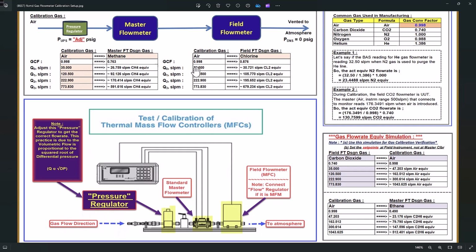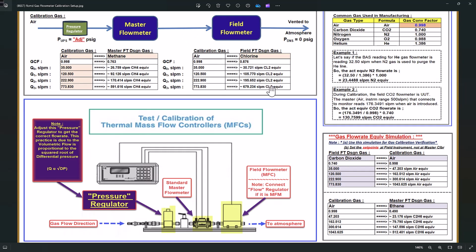And this air, which is 35 standardized liter per minute, flowing inside the pipeline will be measured by the master flow meter also. This master flow meter will read about 26.759 standardized liter per minute methane equivalent.